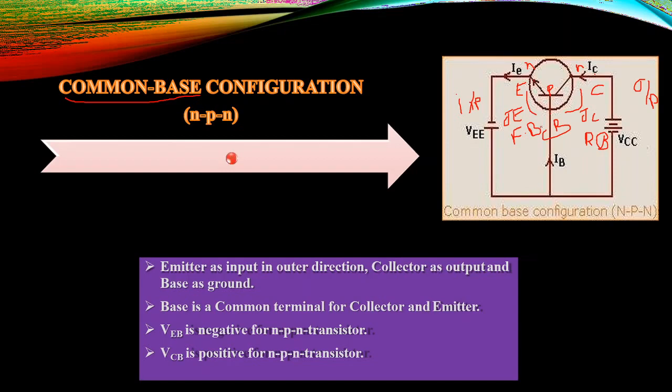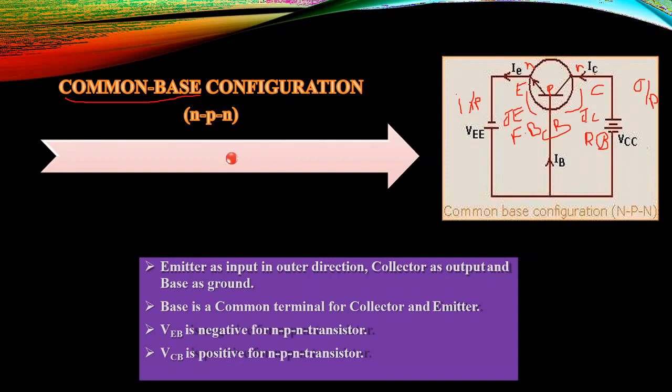And in order to make the JC junction reverse biased, since the collector is N type, negative type, I have to connect it to the positive terminal of the supply. So JE junction is forward biased and the JC junction is in the reverse bias case.